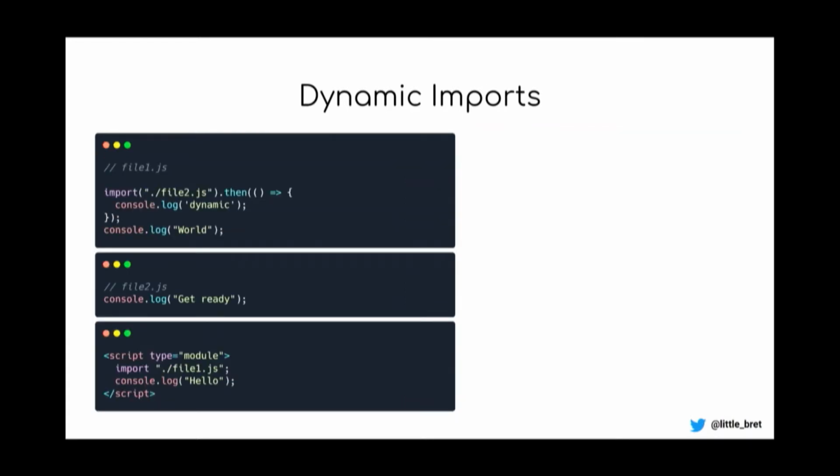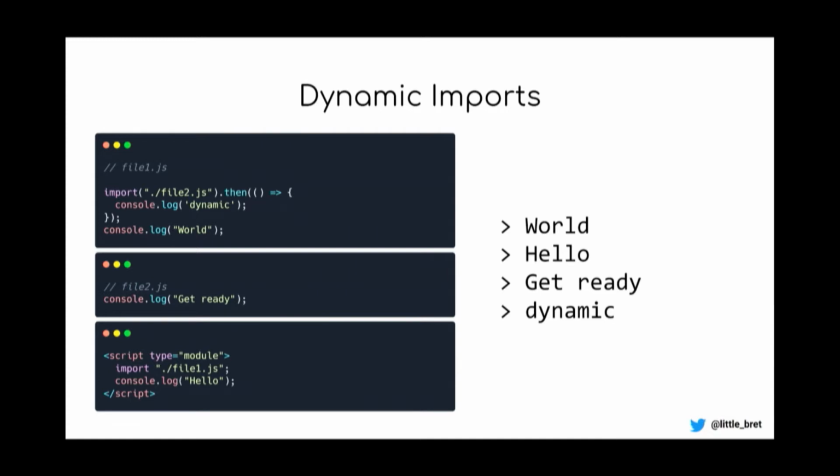So let's go back to this first problem I gave you. Now if we change file 1 to be a dynamic import instead of a static import, what's the order of this console log stuff? It's a little bit different now. Just to talk through this really quick, so if we look at the bottom one, it's everything we did before. We're not going to console log hello until import file 1's resolved.